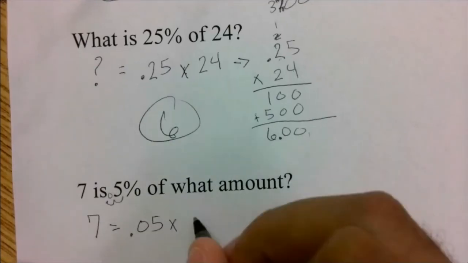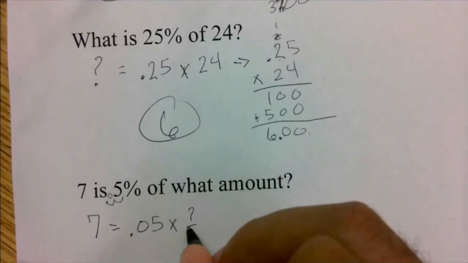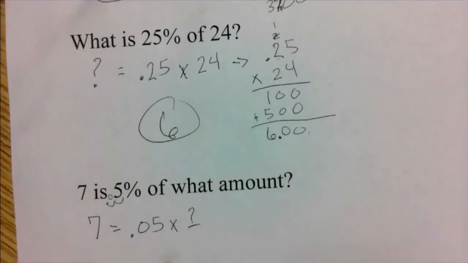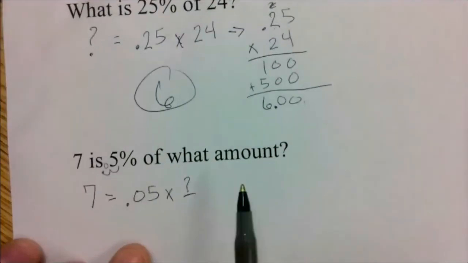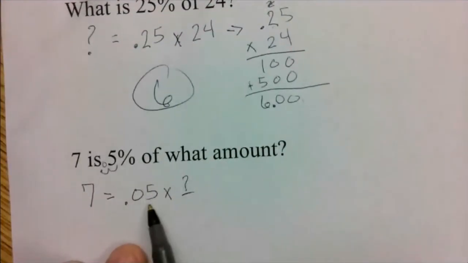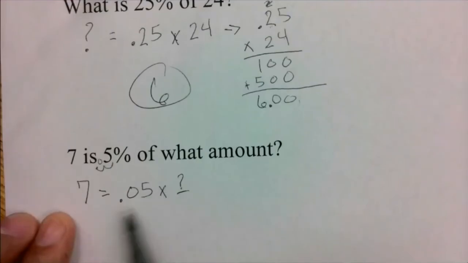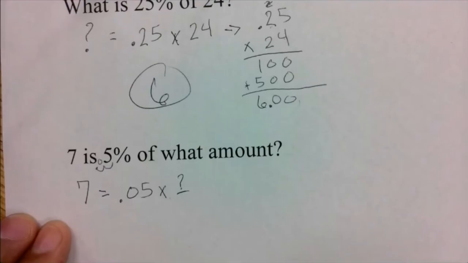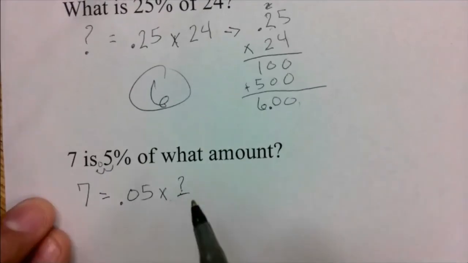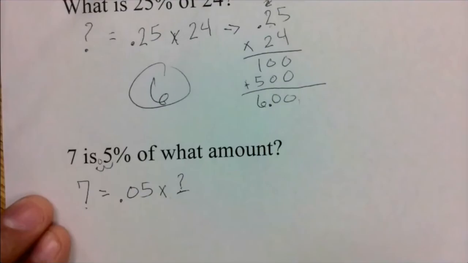Of what number? So we don't know this time what number is multiplying it. We don't know what number 5% is multiplying to get to 7. So to figure out this number, and you will learn this more next week with the one-step equation, we have to divide each side by 0.05. So we're going to have to divide 7 by 0.05.